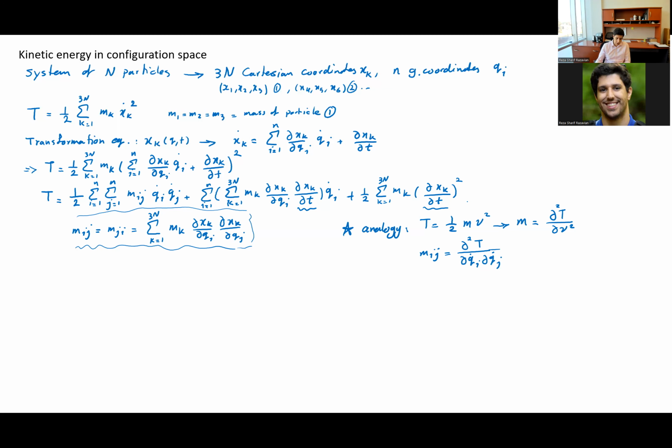They cannot be ignored in general, but if t does not show up explicitly in the transformation equations, in this case, partial x_k, partial t is 0.